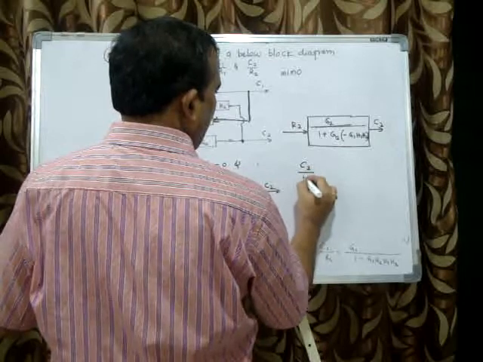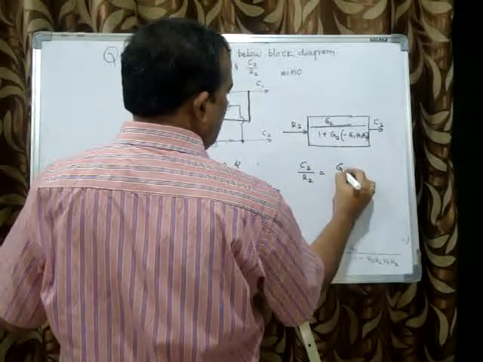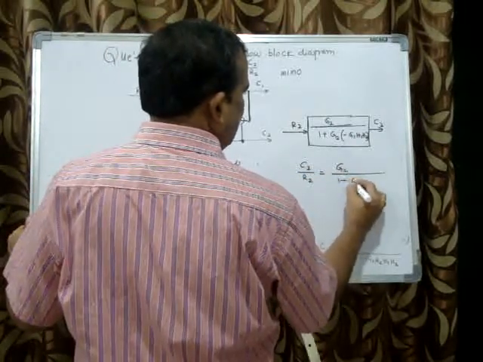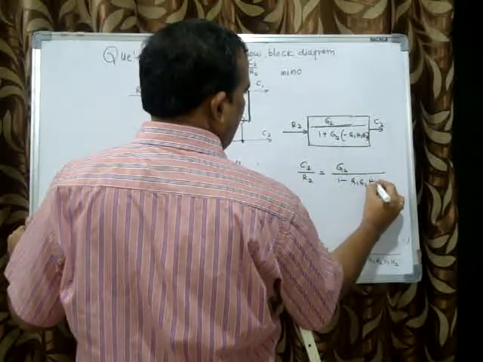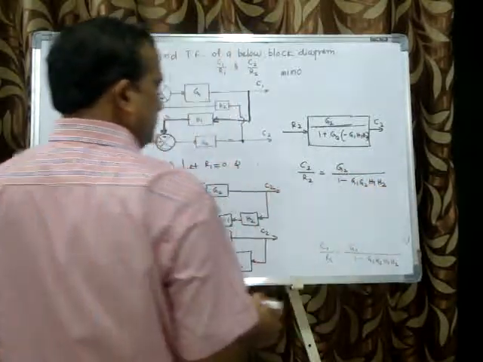Finally C2 divided by R2 equals G2 divided by 1 minus G1 G2 H1 H2.